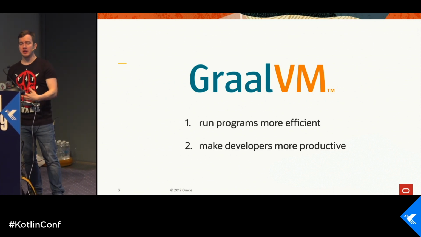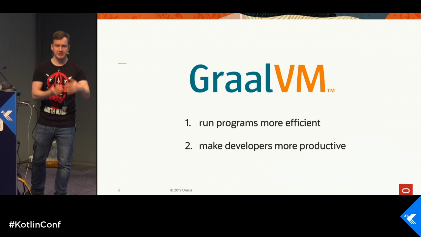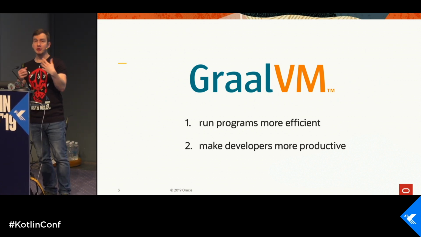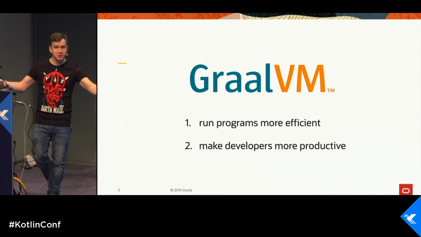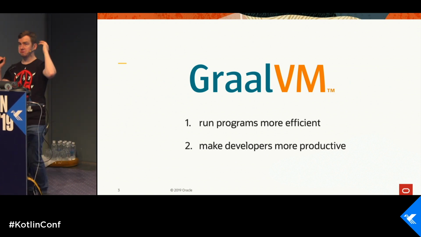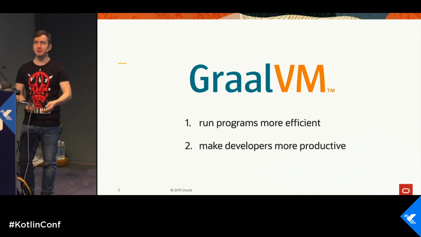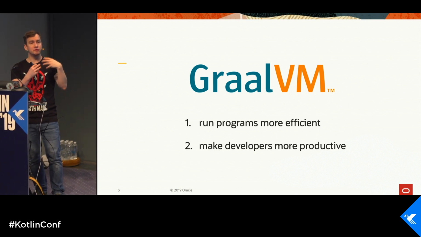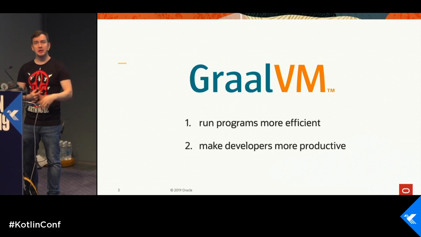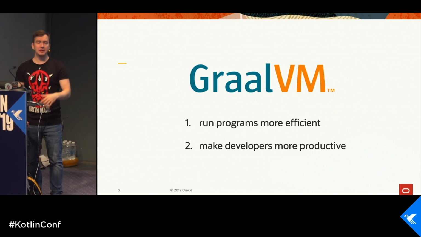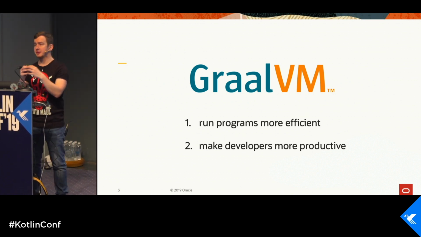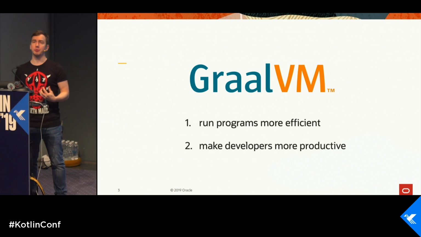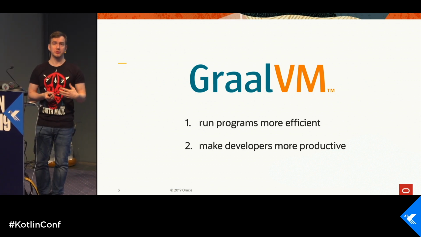So GraalVM would like to offer you the following things. The vision for GraalVM is to run programs in all kinds of languages, Kotlin, Java, JavaScript, if you will, Ruby, Python, to run them efficiently, to run them faster than the alternatives could do, and also to make developers more productive by providing this unified runtime environment for all the languages, right?